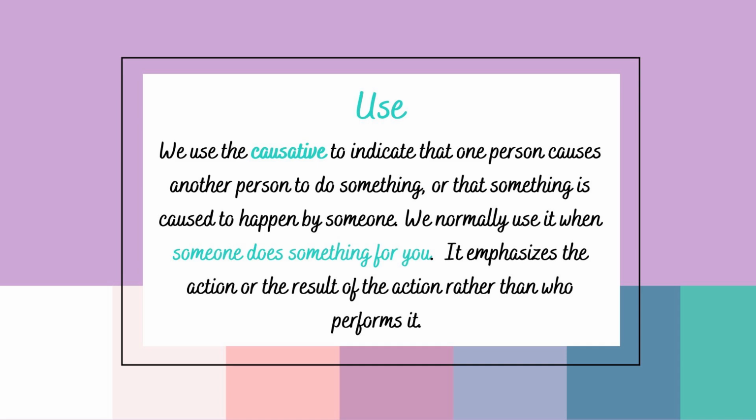We normally use it when someone does something for you. It emphasizes the action or the result of the action rather than who performs it. So the action is important, but not who is performing the action.